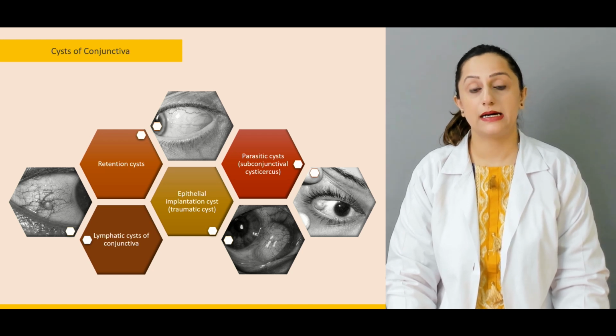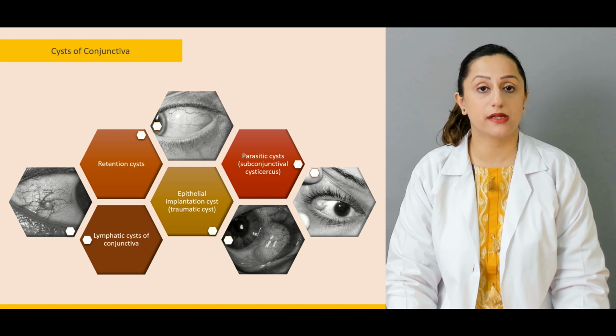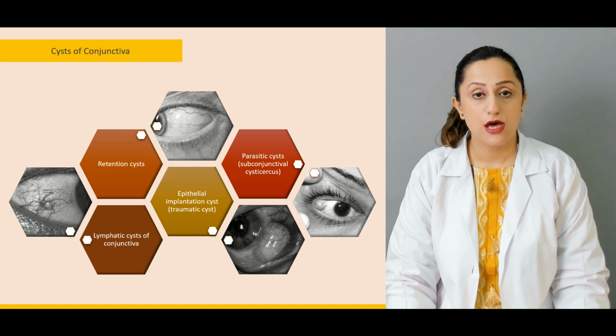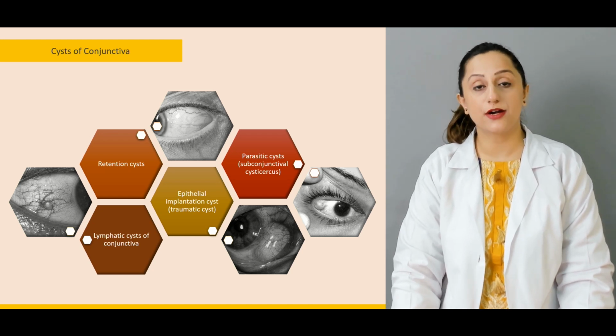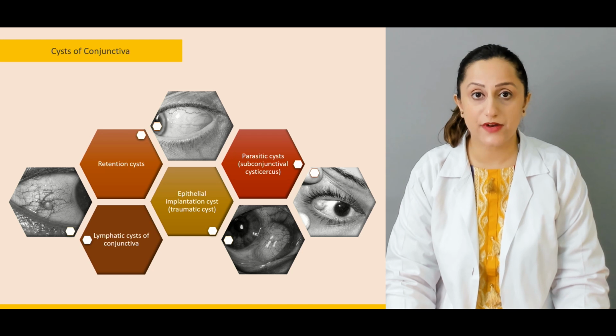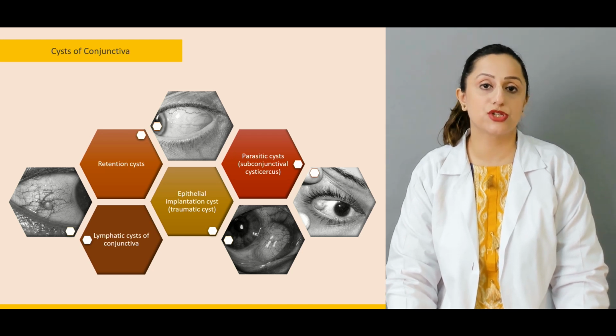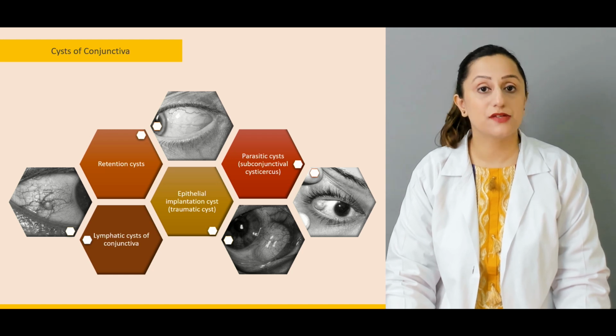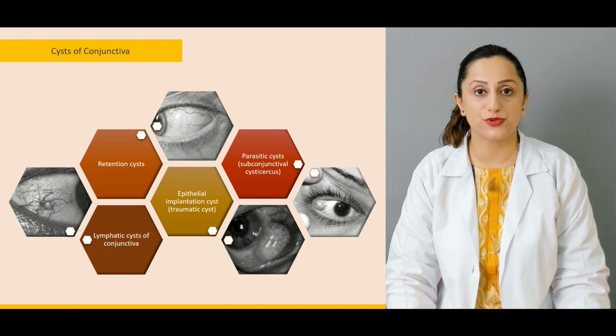For example, anemia is one of the clinical signs noted in parasitic infestations. So the lab investigations are very important. The history taking is very important whenever we are considering any of the risk factors that led to the development of cystic lesions in the conjunctiva of the individual.